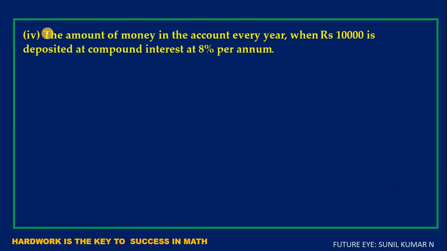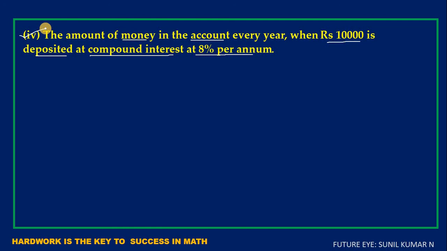Next, let us see the last one. The amount of money in the account every year when rupees 10,000 is deposited at compound interest at 8% per annum. Children, this problem is related to banking. In your earlier classes, in 8th standard, you could have solved problems on simple interest as well as compound interest.